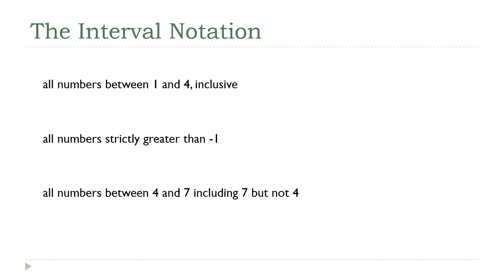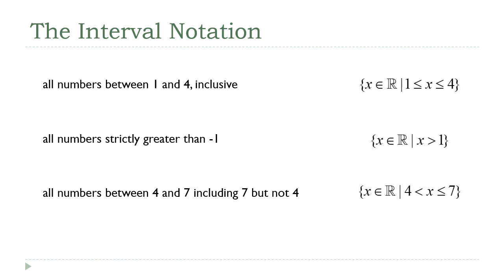So what we need is a more concise way to describe these kinds of things. And we already have one method that you've probably seen. It's called the set builder notation. And the set builder notation is great. It's definitely more concise, and there are situations where it's definitely the way to go.